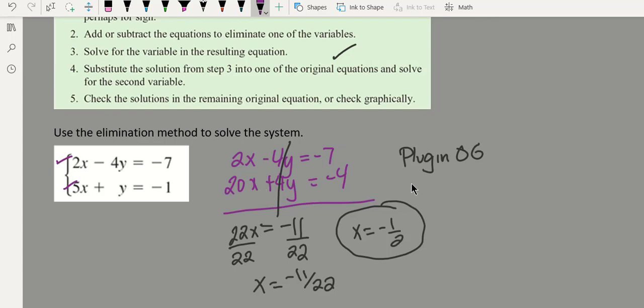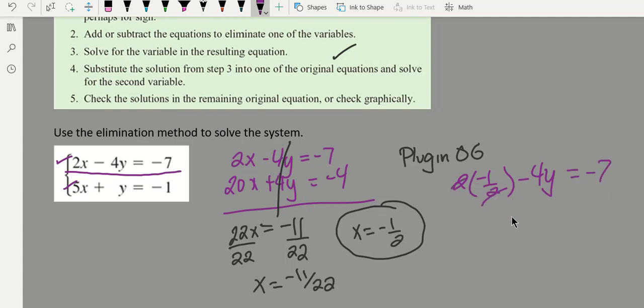I am going to pick the top one because since I have x equaling negative 1/2, I see that it can possibly cancel with this 2. So we would do 2 times negative 1/2 minus 4y equals negative 7.